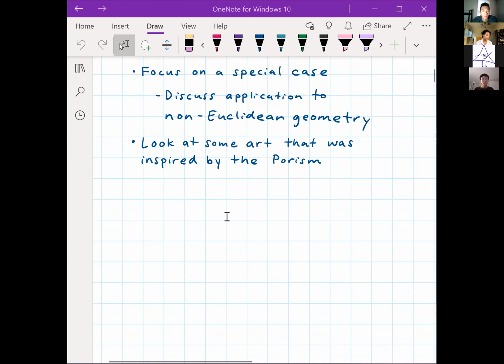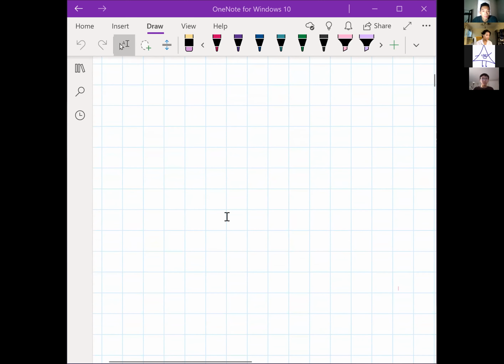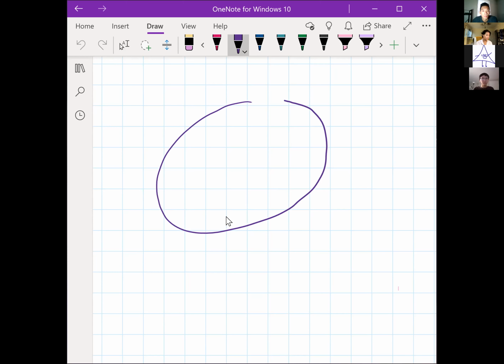Okay, so let us set up what this theorem is talking about. We have the situation where we want to have two conic sections in the plane. Just for simplicity, I'll say that my conic sections are both just ellipses, because those are the easiest ones to draw.